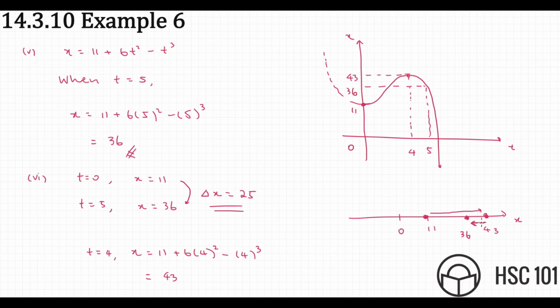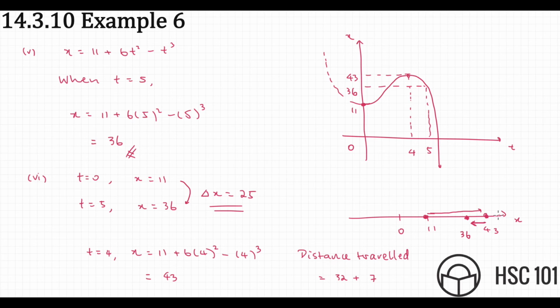So if we're looking at the distance traveled, the distance traveled should incorporate from x equals 11 to x equals 43, and then from x equals 43 back to x equals 36, right? So in other words, the distance traveled should be equal to, now 11 to 43, that's going to be 32 units to the right, and then from 43 back to 36, that's 7 units towards the left, right?